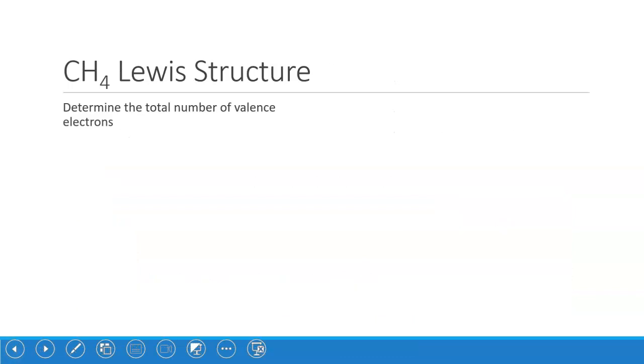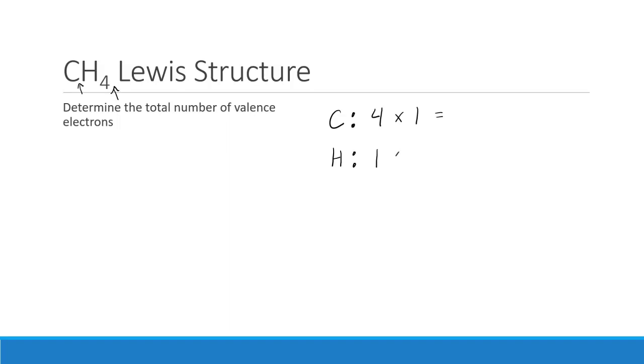If we want to total up all the valence electrons that we have in CH4, carbon has 4 valence electrons, and hydrogen has 1 valence electron. But then we've got to multiply by how many carbons and hydrogens we have. In the formula, it's assumed that we only have 1 carbon and we have 4 hydrogens. So we multiply the 4 valence electrons for carbon times the 1 carbon that we have. For hydrogen, we don't just have 1 hydrogen, we have 4, so we multiply the 1 valence electron for each hydrogen times the 4 hydrogens.